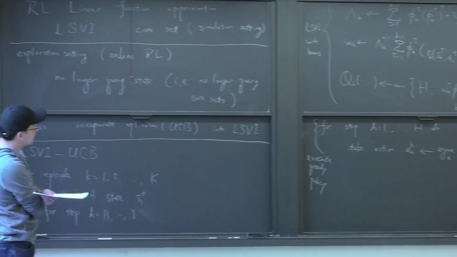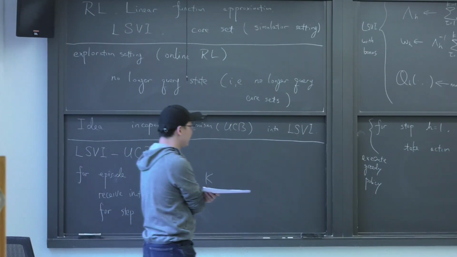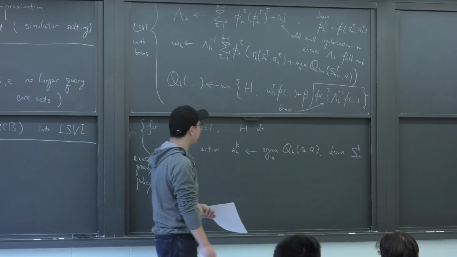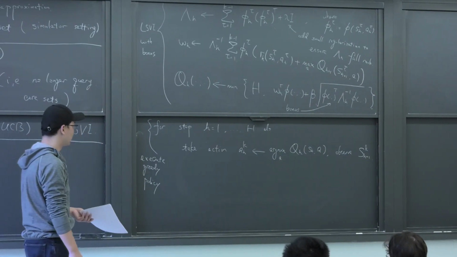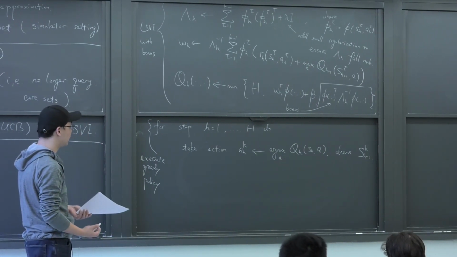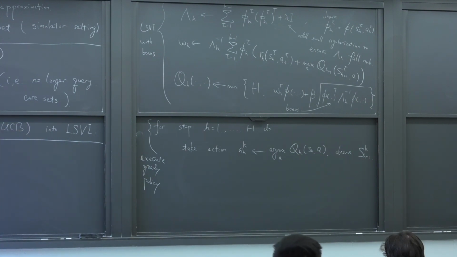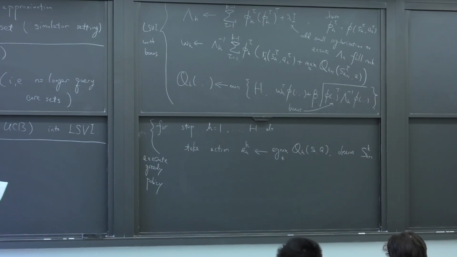So the overall algorithm is relatively straightforward. As I said, the only major difference is that you add a bonus here. The bonus has a specific form for the linear function approximation, and the remaining part follows the generic framework of value iteration with UCB.